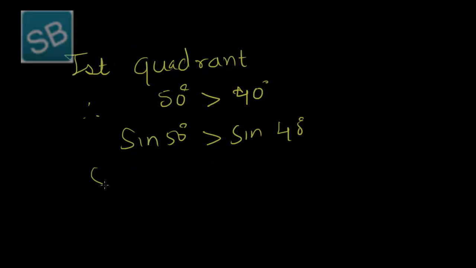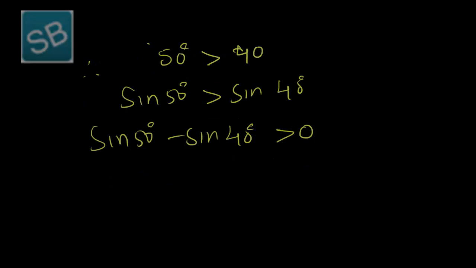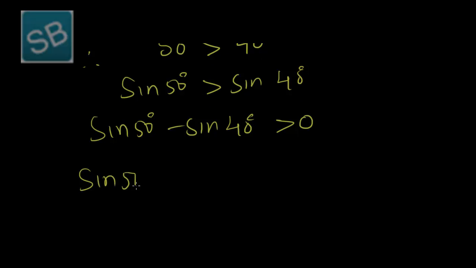That means sin 50 degree minus sin 40 degree is greater than 0. That means it is positive. So the given number is positive. So this is a positive number.